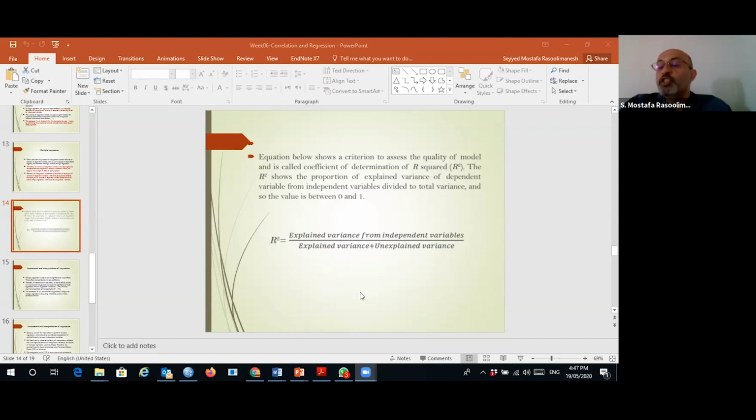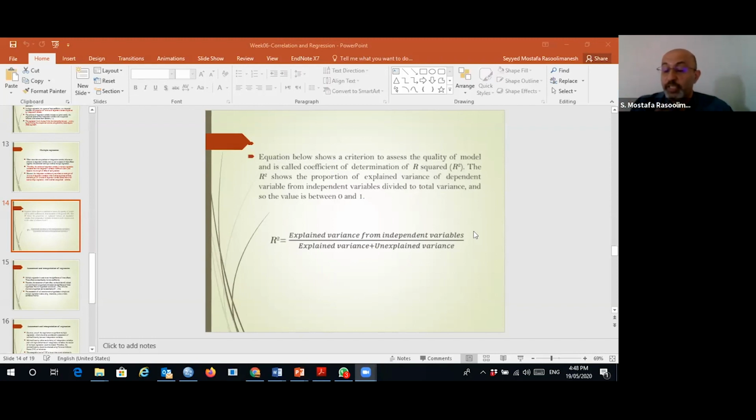So the value of R square depends on your area of research and previous studies. You need to check what R square previous studies got. If they got a high R square, you expect to get a high R square. But if a previous study got just a small R square, you can compare with that study.